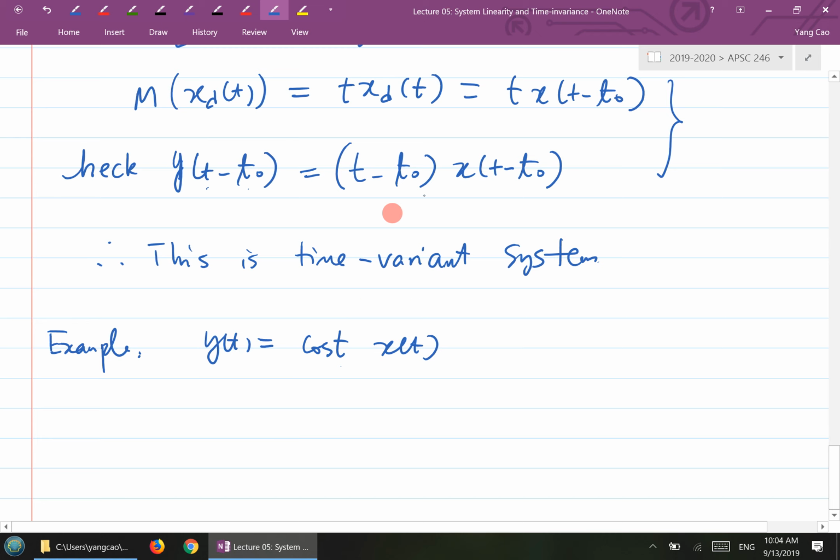If you go through the steps that I just did here, you will see that this is also a time varying system. The reason is exactly what I just said. Because in the expression for the output, there is a time function explicitly present, and that's not part of the input.